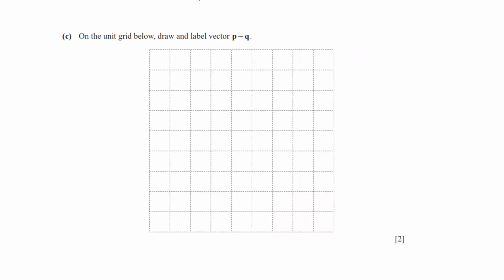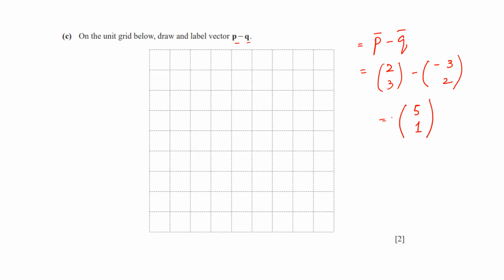Then it says on the grid, draw vector p minus q. Okay, so this will be interesting. The easiest way is to first solve p minus q, p vector minus q vector. The p vector was 2 3, and you are subtracting -3 and 2. If you do this, it would be 5, and 3 minus 2 is 1.